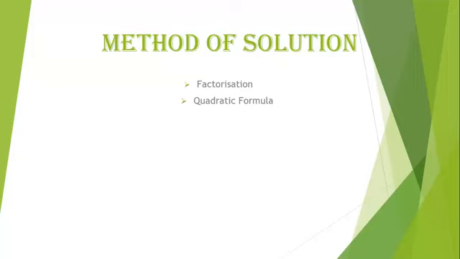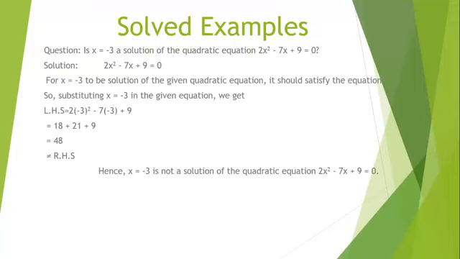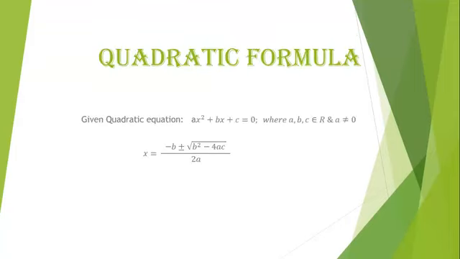This is the formula which we use for solving the quadratic equation. The formula, as you can see, is x is equal to minus b plus minus under root b square minus 4ac, upon 2a.